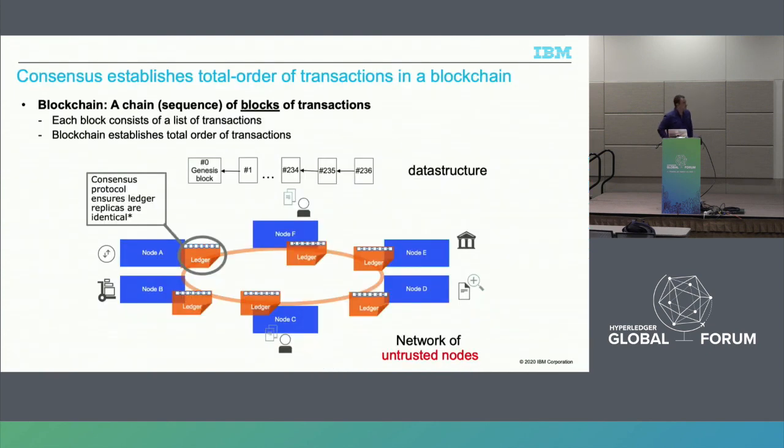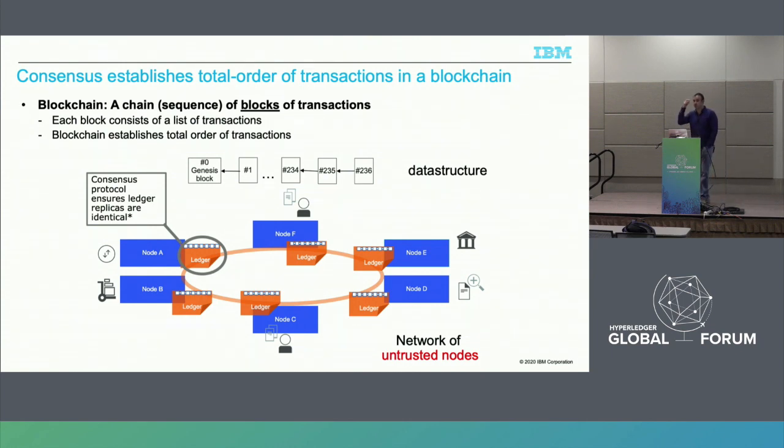So just about consensus in blockchain a bit. When I say consensus in this talk, this is going to be basically the mechanism to replicate the blockchain if we see it as a totally ordered list of transactions, grouped into blocks. Blocks are totally ordered across nodes, and within a block we have a list of transactions.